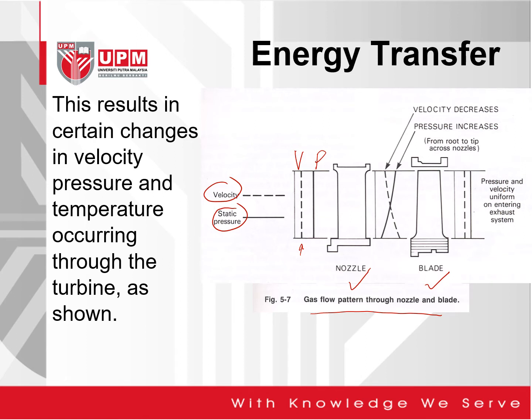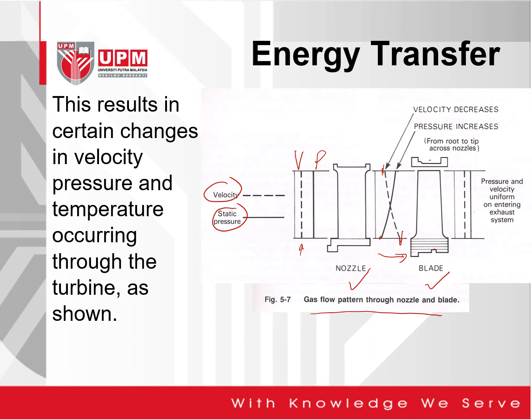At the nozzle guide vane, the velocity and pressure remain constant. But when it goes through the stage, to the turbine blades, the velocity will decrease, whereas the pressure will be increased from the tip to the root.